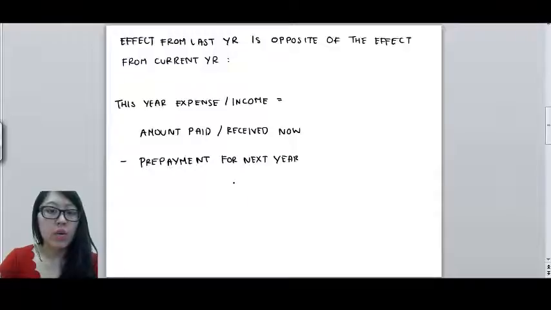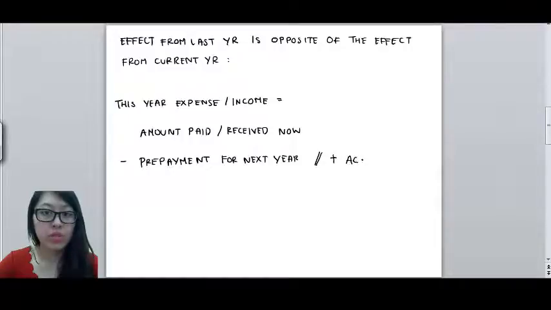Okay, or if we're dealing with an accrual, then we should add the accrual for next year. So let's say we have an accrued expense. An accrued expense should be included in this year's expense. So we need to include that accrual in this year.